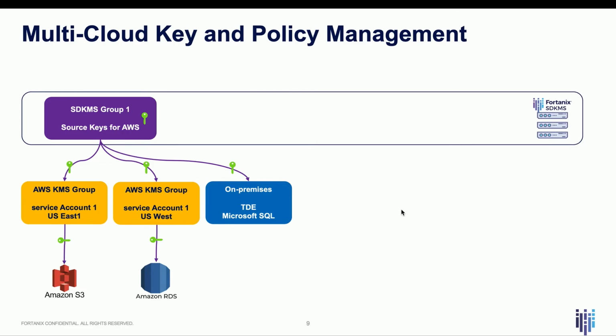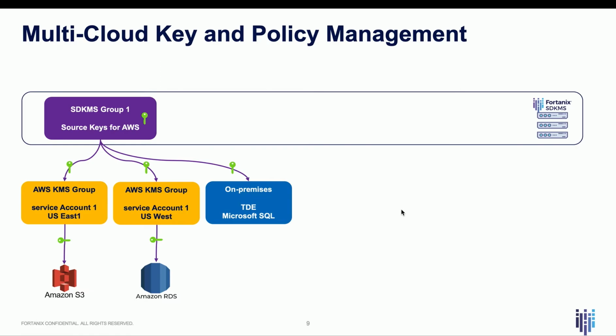Once the key gets imported, it will go to a respective AWS KMS region, and the key could be tied to your services such as AWS S3. In the second region, the key could be tied to Amazon RDS. And now when you rotate, the keys get automatically rotated across AWS KMS regions.